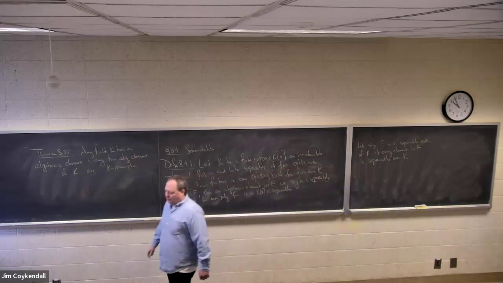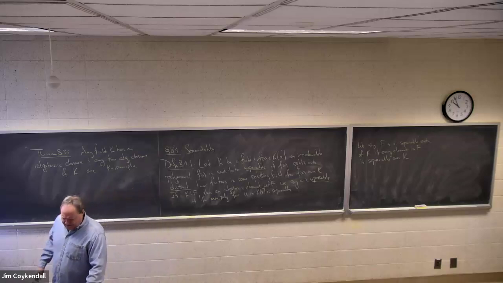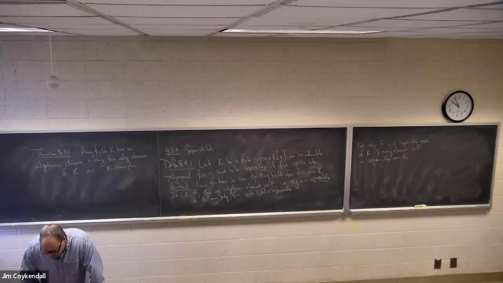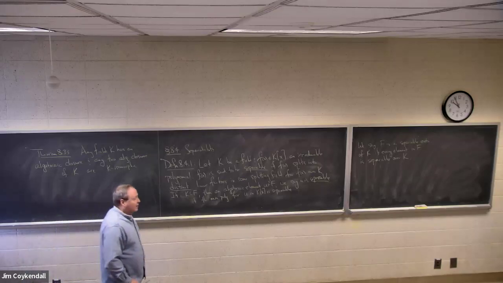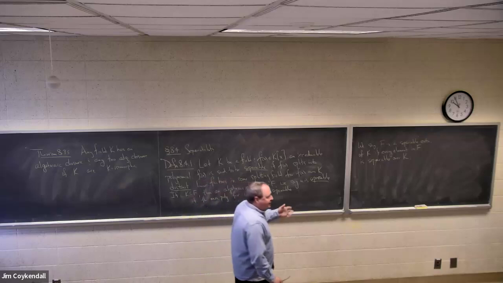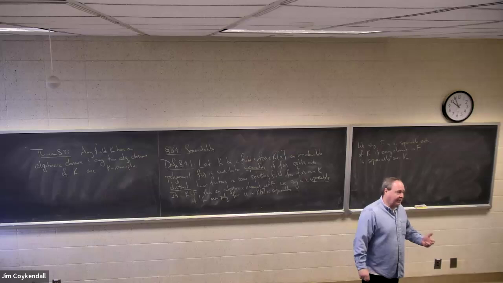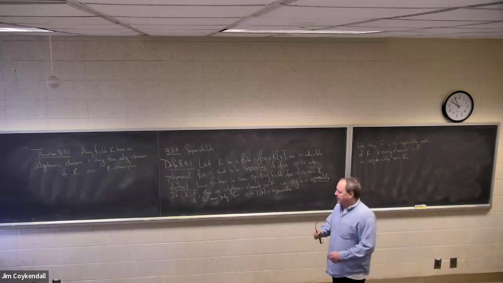It's worth pointing out that any field is separable over itself, because if I have an element alpha in this field, then its minimal polynomial is x minus alpha, which is separable because it's already linear.